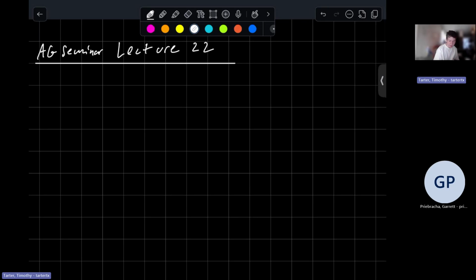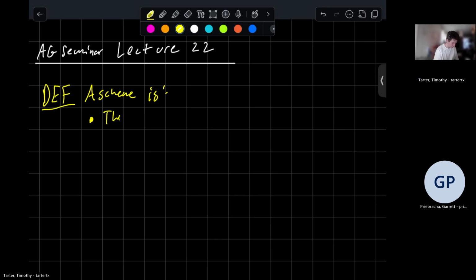Thus, we will define a scheme to be the following data. And this is a loose definition. A scheme is the set, which are points of the scheme.